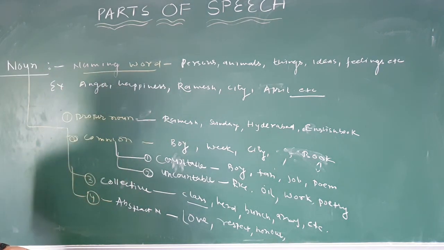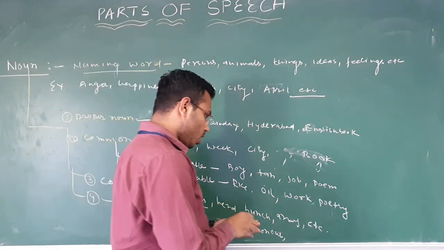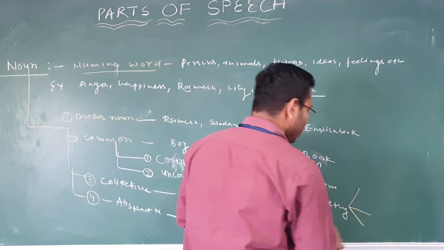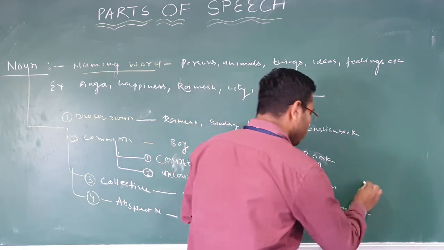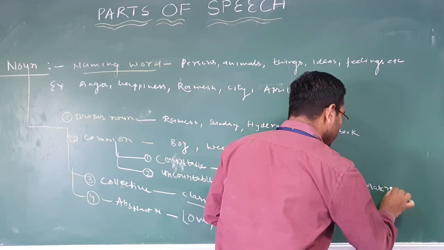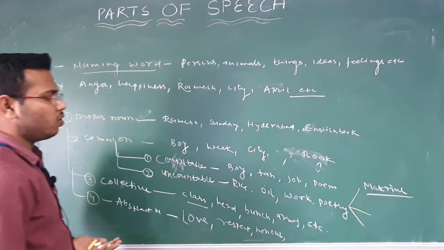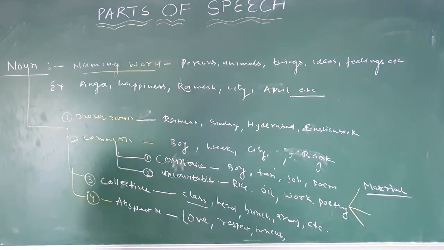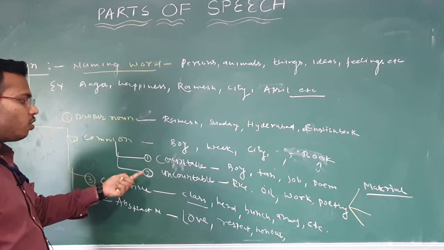So these are some classifications of noun, countable and uncountable noun. In uncountable noun, 3 categories are possible. Number 1 is material noun. Nowadays material noun is not found in modern English grammar, because it is merged in common noun. As I told you, the classification is countable and uncountable.